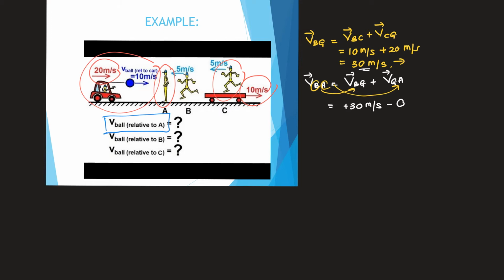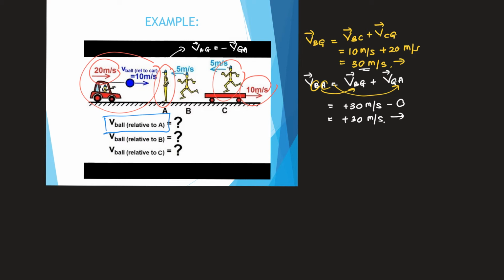Because this is the velocity of person A relative to ground. But the equation states VGA, so therefore it's going to be negative VGA, but the person doesn't move, so you just put it as a 0. So you are going to get the answer of positive 30 meters per second moving to the right.